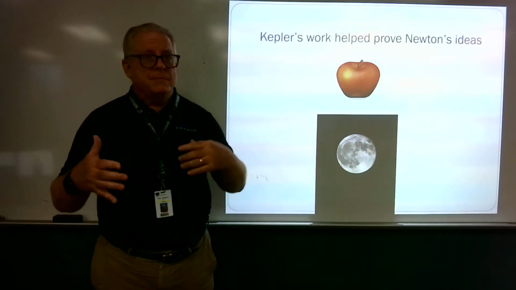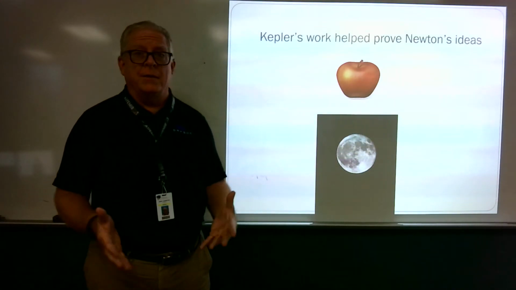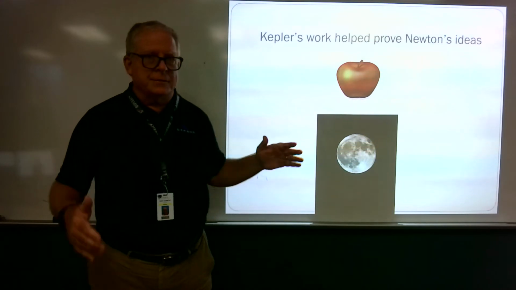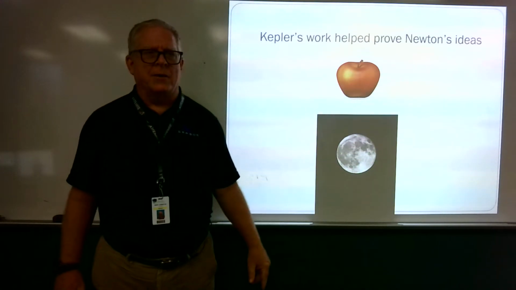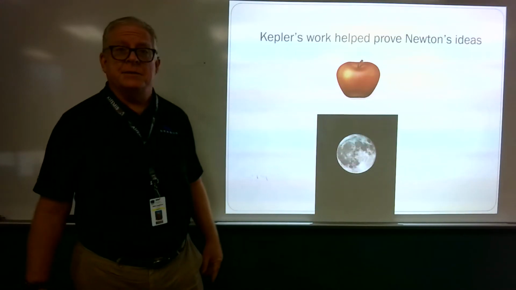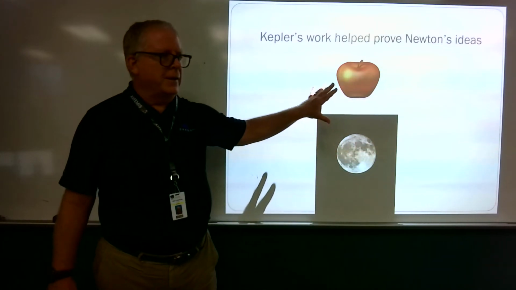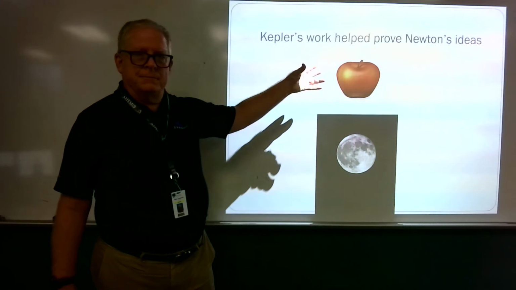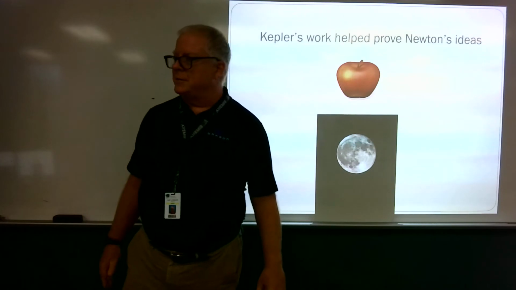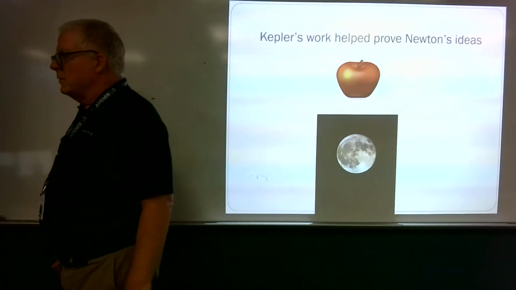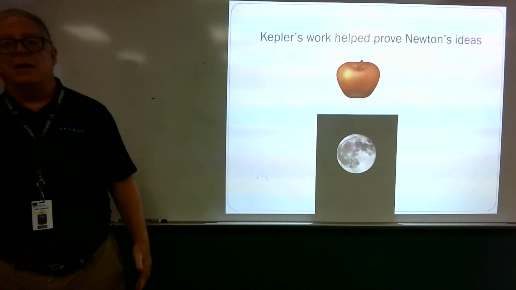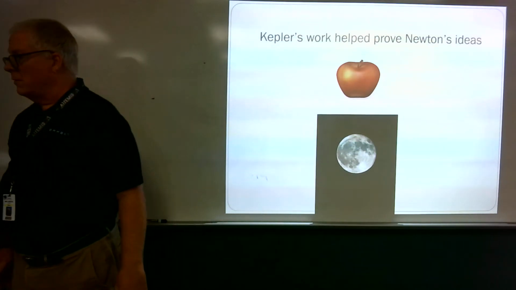They could be similar to things that happen here on the Earth. And Newton was the first person to give a mathematical explanation for that, how something as simple as an apple falling could be related to the motion of the moon. So maybe the things that happen in the heavens are not so different from the things that happen here on the Earth after all.